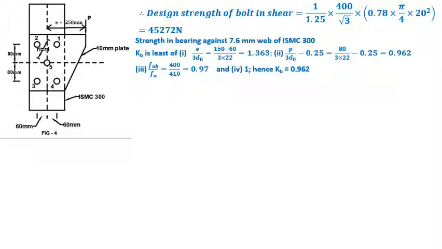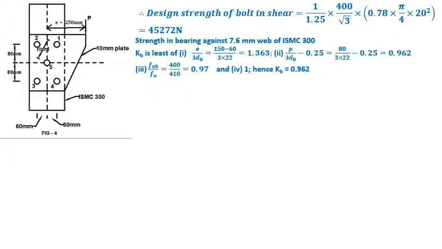Second case, p upon 3 d naught minus 0.25, pitch is given as shown in figure 80 millimeter. Therefore, kb from second consideration comes out to be 0.962. Hence, the least value from all these, kb, is 0.962.